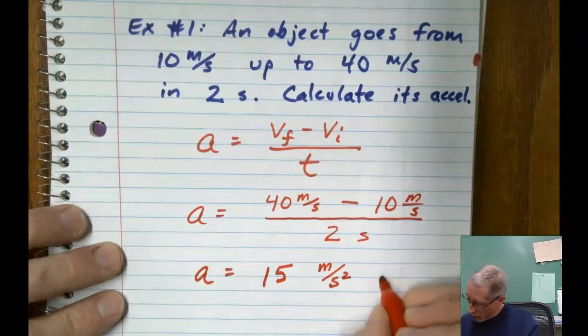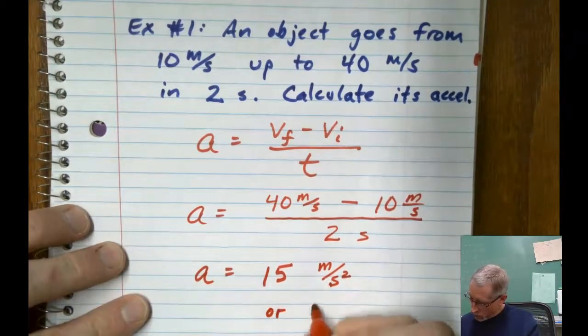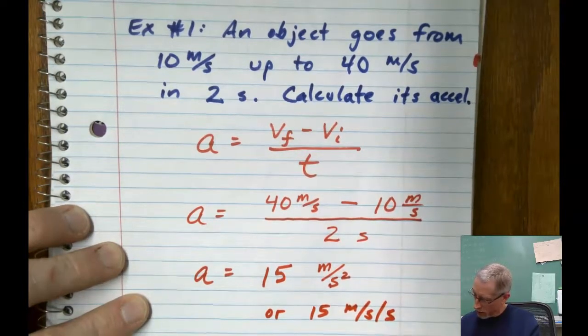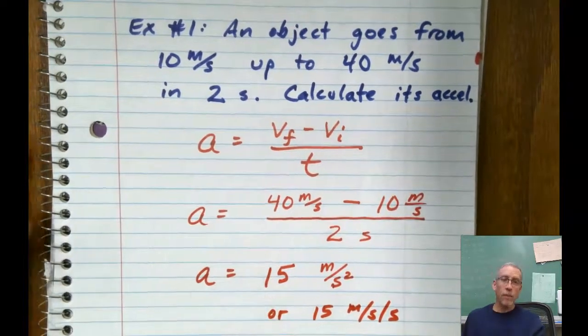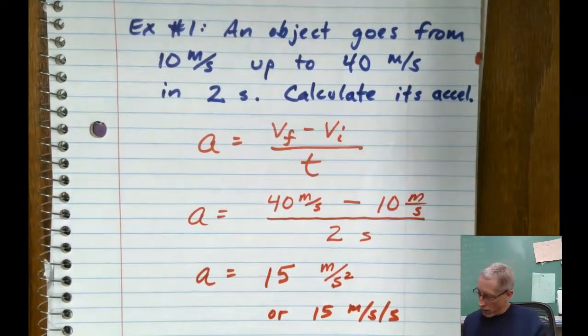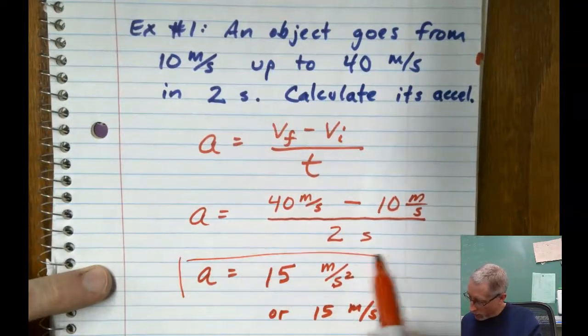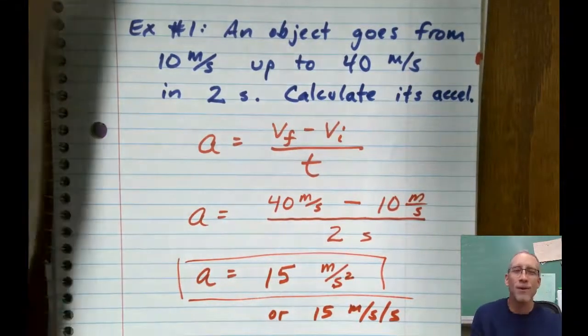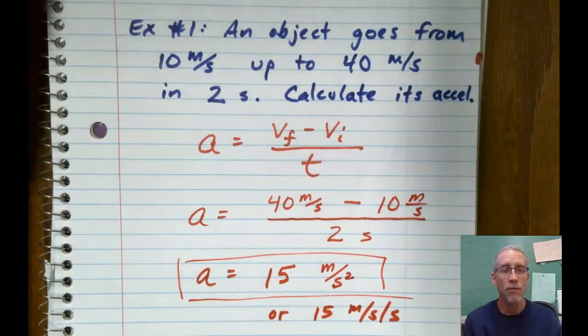You could also say, some people like to say it this way, meters per second per second. I prefer the first, but I'm okay with the second form, okay? So that would be, and I like to box the final answer, then I know I'm done. Only box one final thing when you're doing a problem like this, otherwise it gets confusing for the person looking at it. So there's an example of an acceleration calculation.